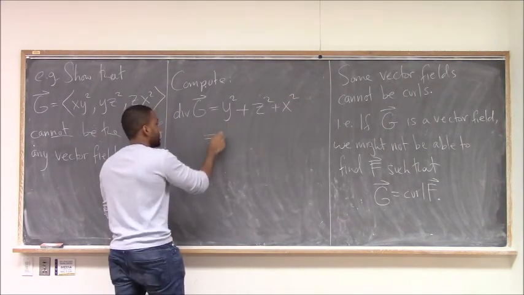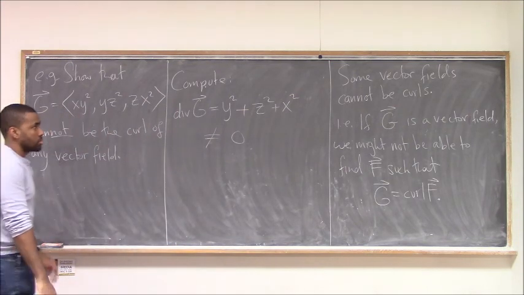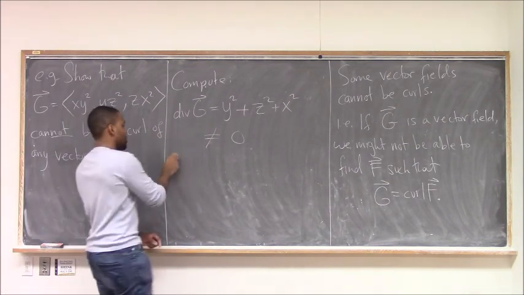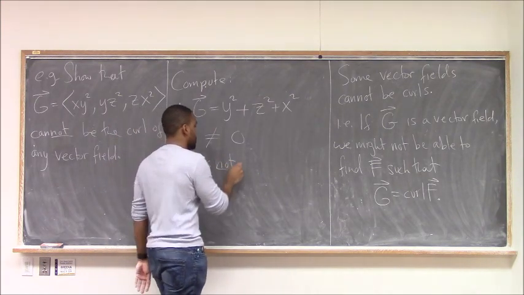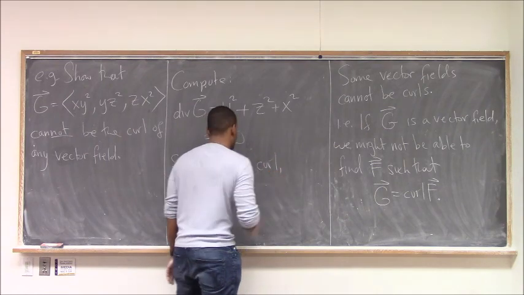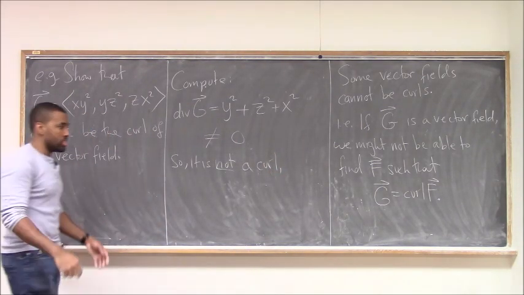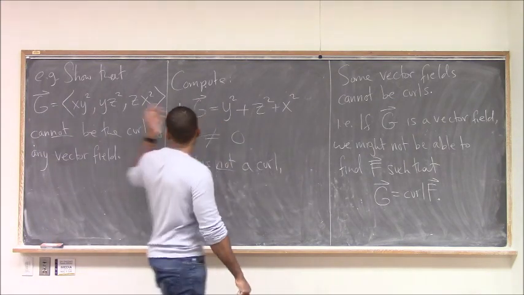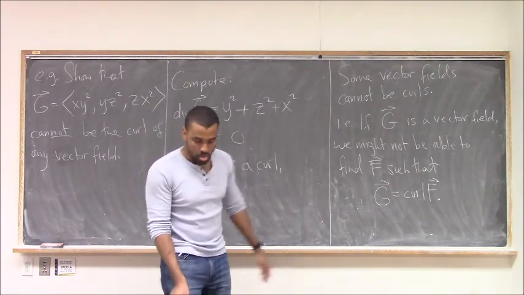In particular, this is not always 0. So it is not a curl. Because if you take the divergence of a curl, you always get 0. So the fact that I can take the divergence of this guy and I don't get 0 means it's not a curl of some other vector field.